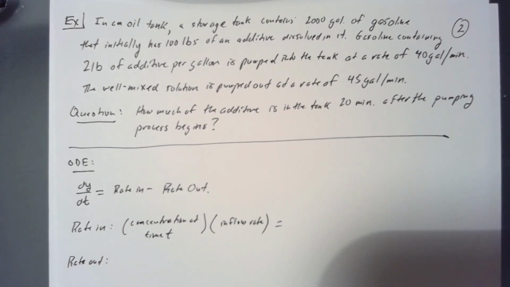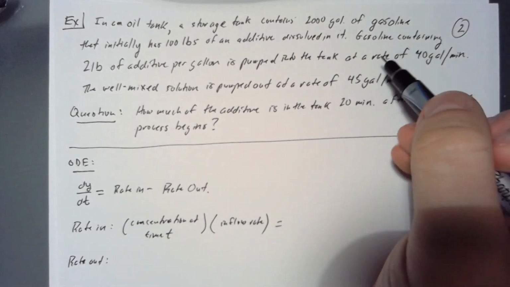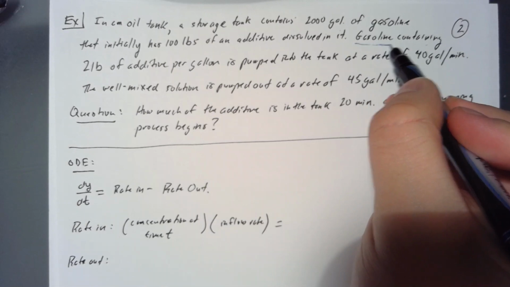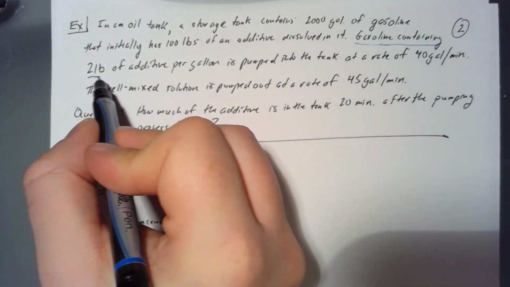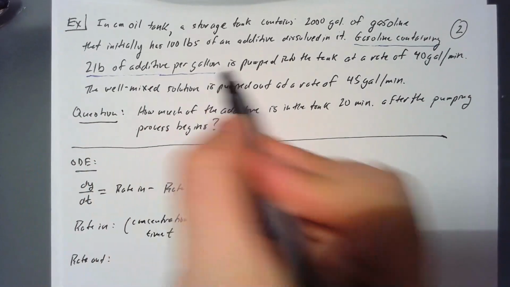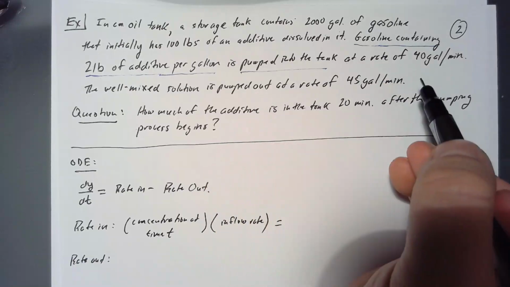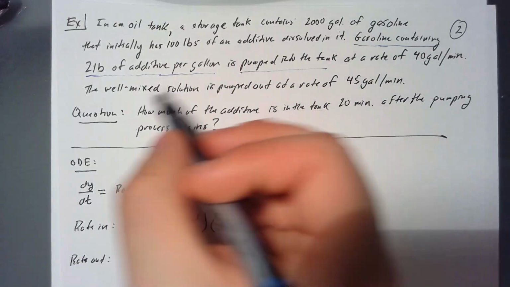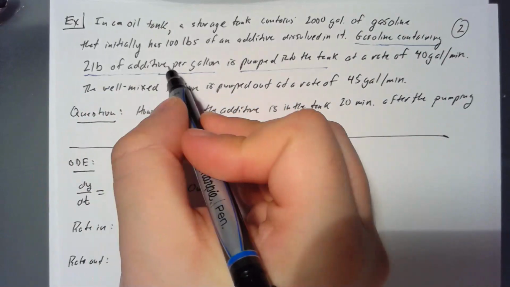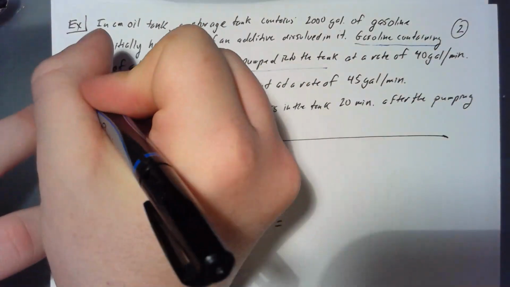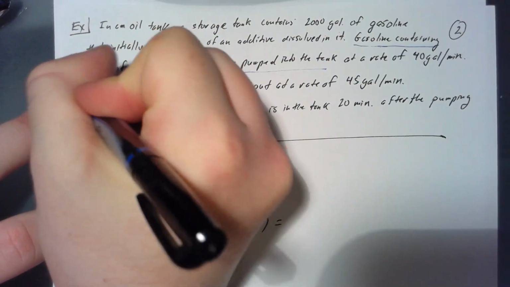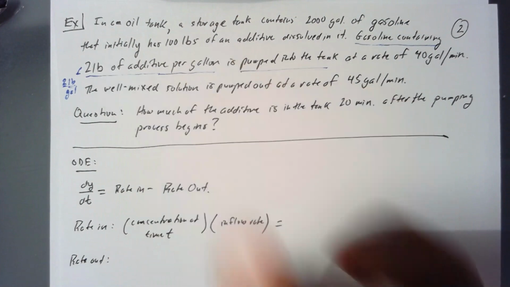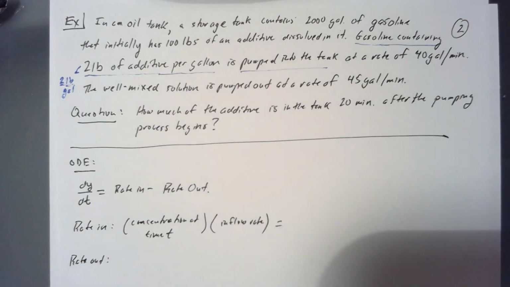If you do a little looking here, it's right here, right? Gasoline containing 2 pounds of additive per gallon is pumped into the tank. So pounds of additive per gallon, 2 pounds per gallon. Those units, pounds per gallon, are a description of a concentration, right?